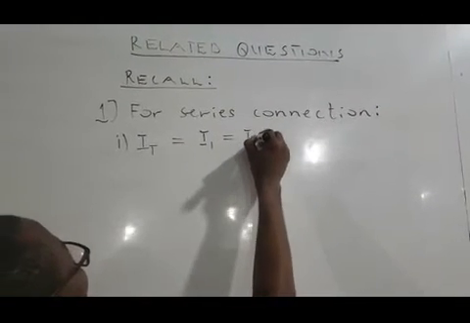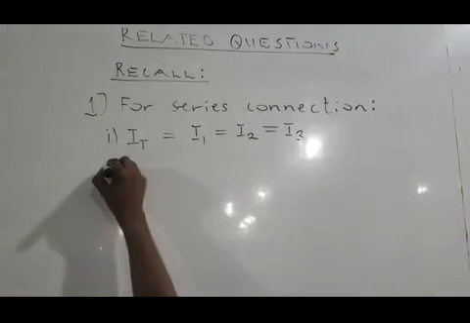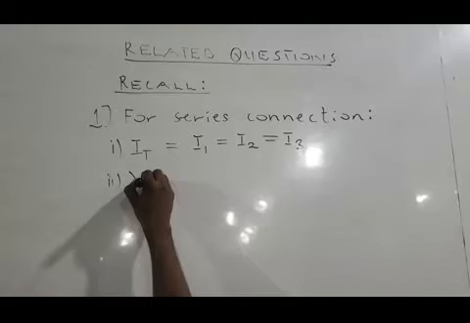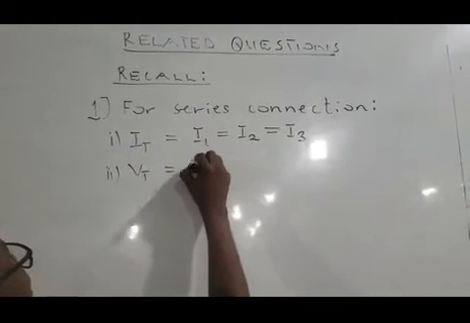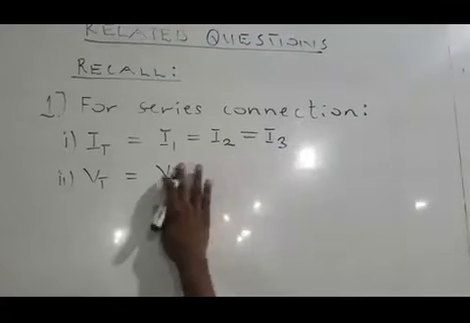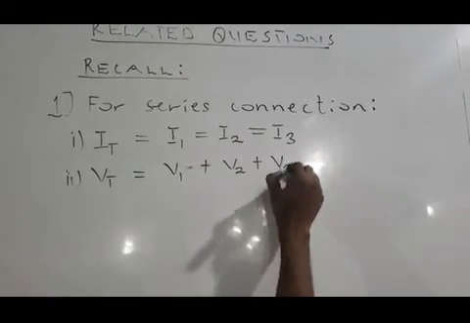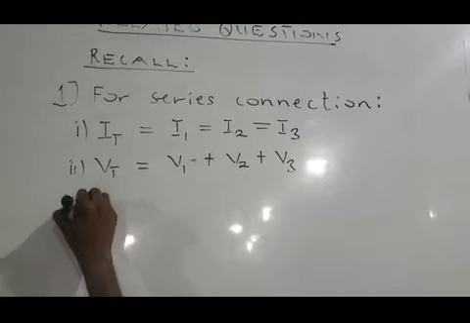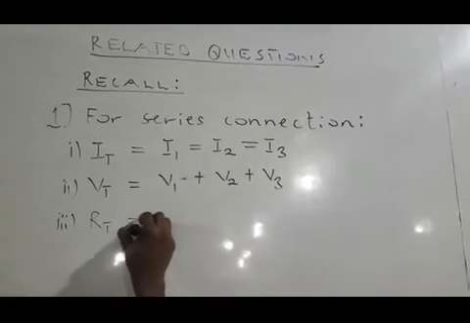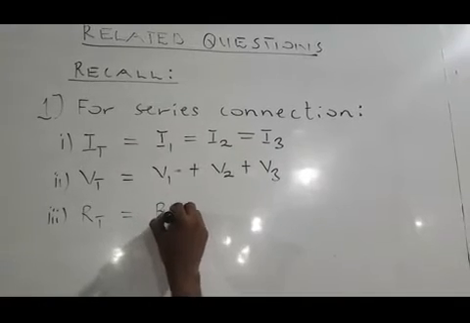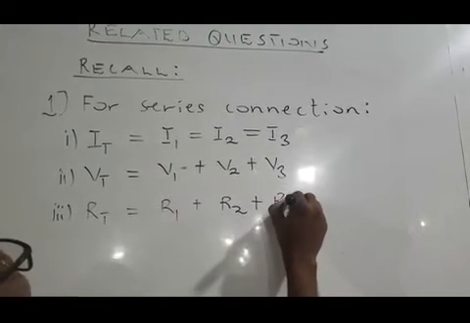So IT equals I1 equals I2 equals I3. The total voltage is the sum of the voltages across each resistor. So VT equals V1 plus V2 plus V3. And for the total resistance, RT is also the sum of the individual resistances. So R1 plus R2 plus R3.